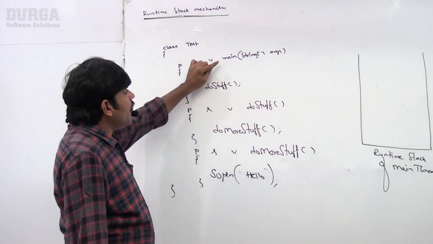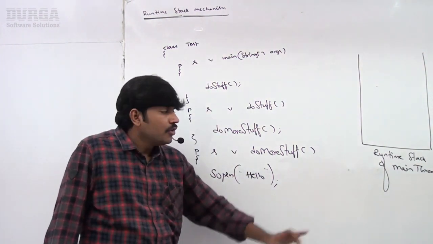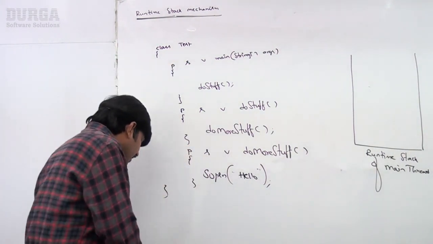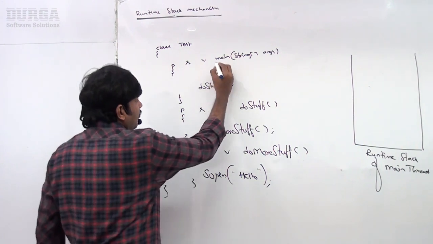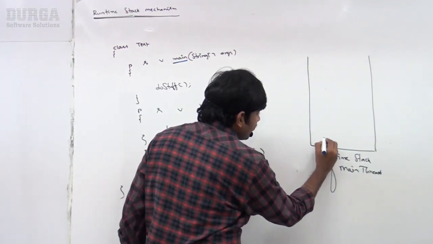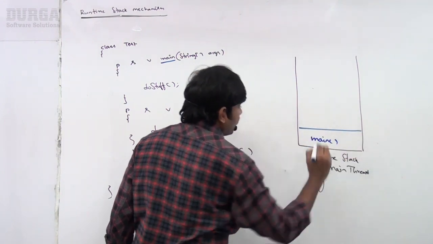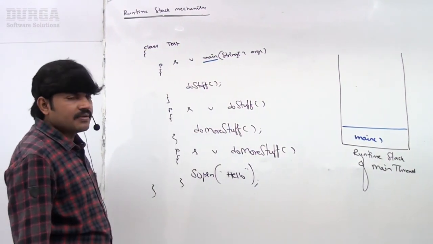For every method call performed by the main thread, one entry will be stored in the corresponding stack. The main method will be called by the main thread, so for this method call, one entry will be stored in the stack.